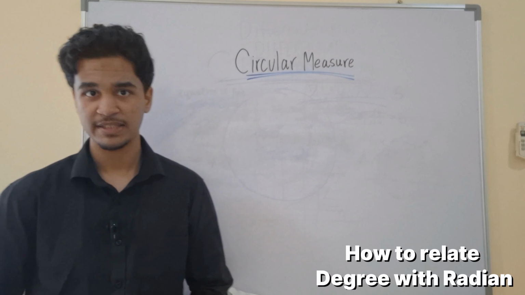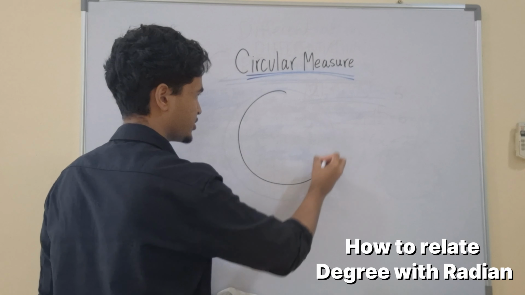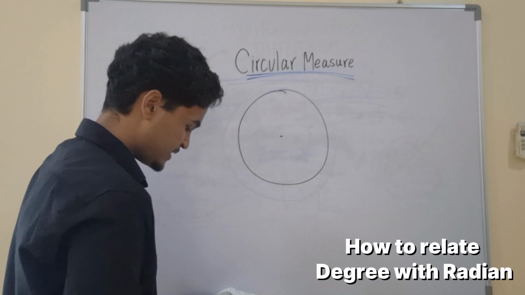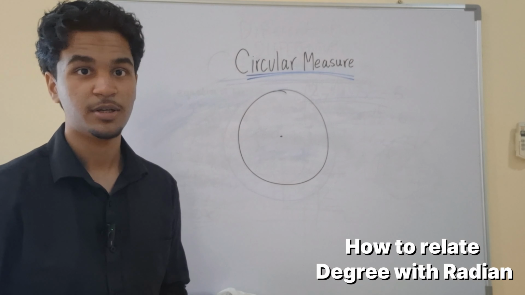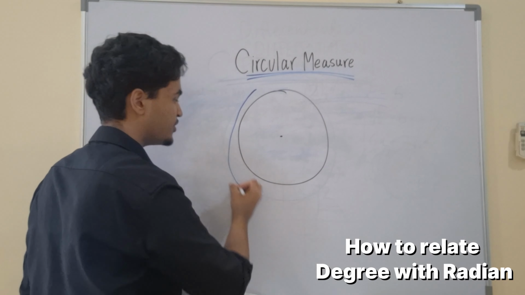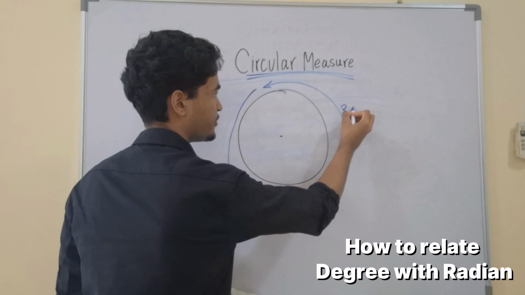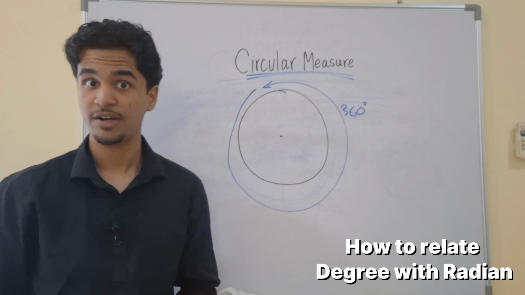Okay, so let's start with the basics first. In a circle, when we draw a circle, here's the center. When we take one entire revolution around the circle, we get 360 degrees, right? This is measured in degrees, correct?